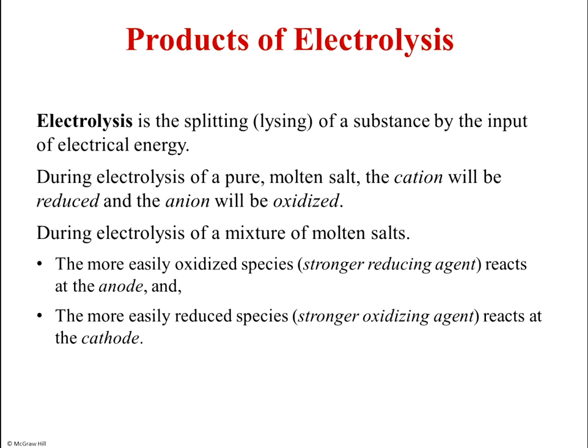So during electrolysis of a pure molten salt, the cation is reduced and the anion is oxidized. A molten salt will be, for example, liquid sodium chloride. So the more easily oxidized species typically reacts at the anode, and the more easily reduced species reacts at the cathode.